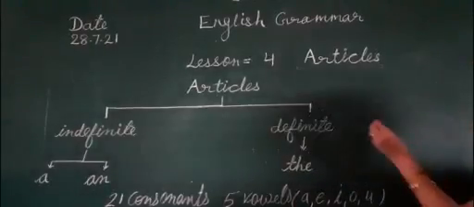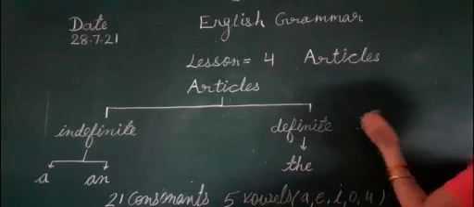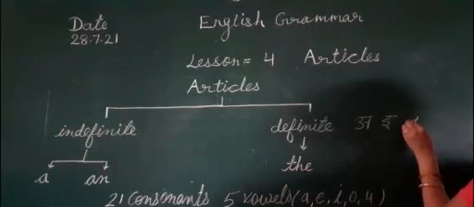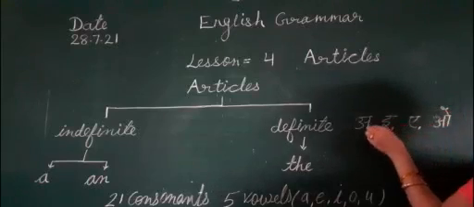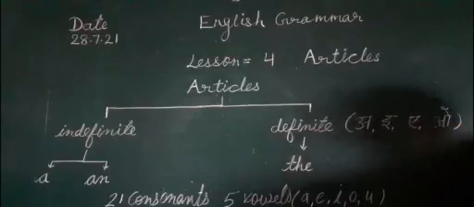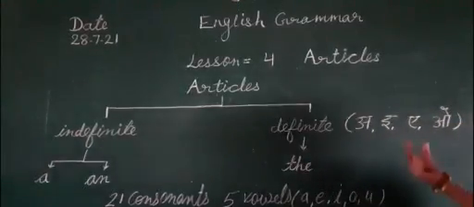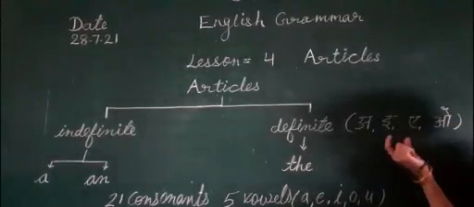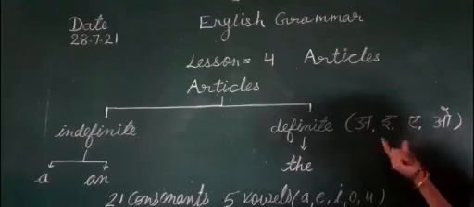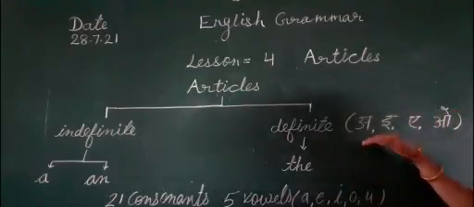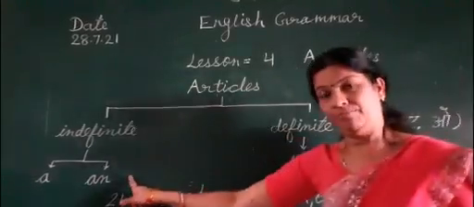In Hindi, the vowels are also there. These are also vowels in our Hindi. The sounds of these vowels are known as vowel sound words and before these words we use an.